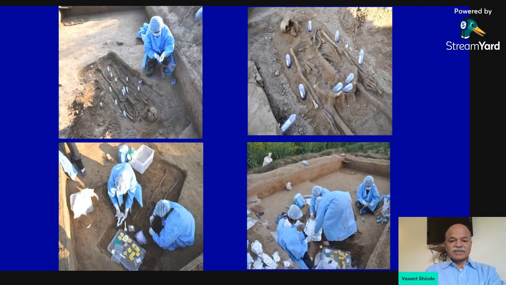After the excavation, of course, a lot of sampling was done. In fact, we also collaborated with the Korean scientists, and they have developed one technique called paleoparasitology.